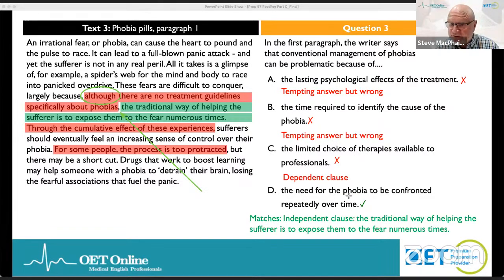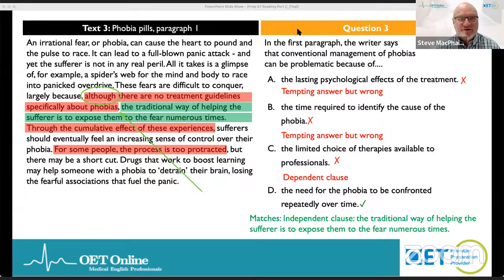D says, the need of the phobia to be confronted repeatedly over time. The traditional way of helping the sufferer is to expose them to the fear numerous times. So we've got lots of synonyms here. The phobia to be confronted means to expose them numerous times, repeatedly over time. It matches, all right? And that's problematic because of that whole process.